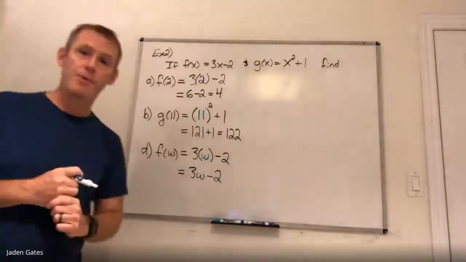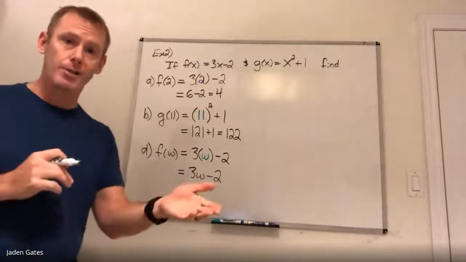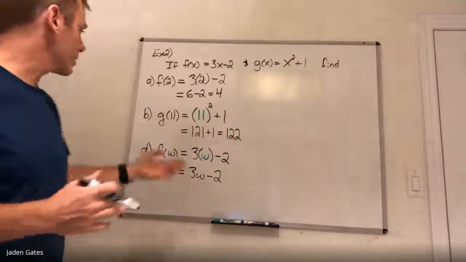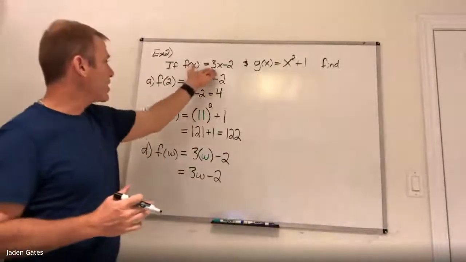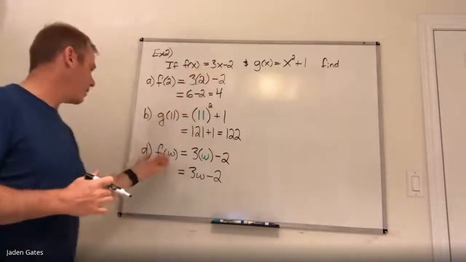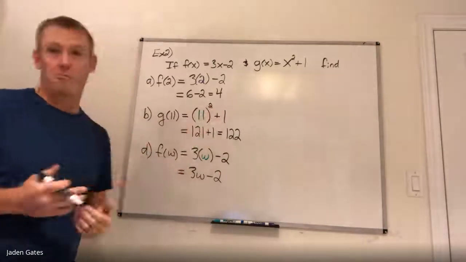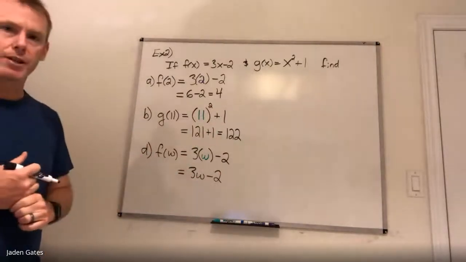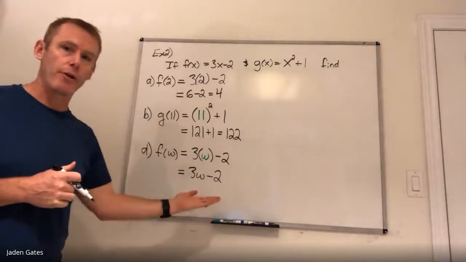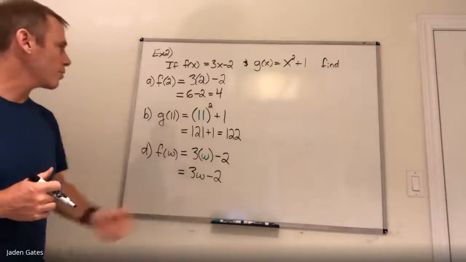And so all that happened is because I was subbing a w in for x, w just replaced x. And so instead of f of x being 3x minus 2, well, f of w is 3w minus 2. That's all. Just replaced the x with a w. And I can't go any farther because, again, polynomials, not like terms.